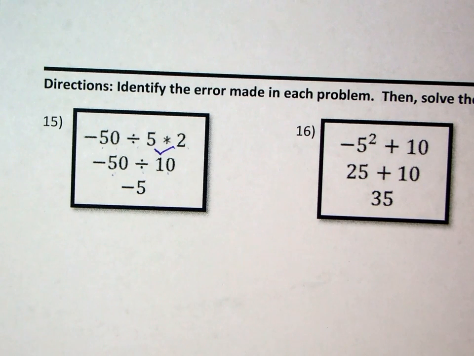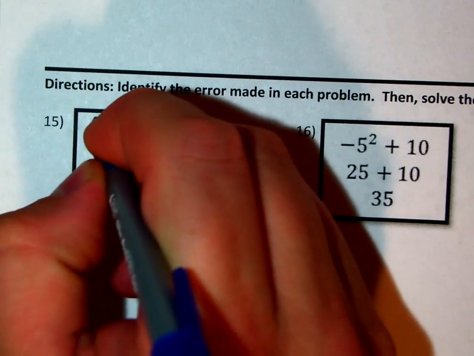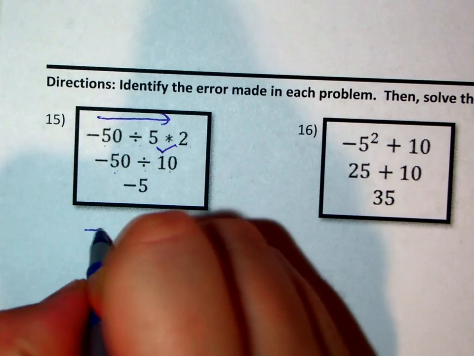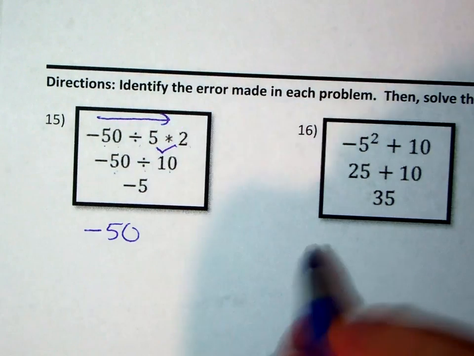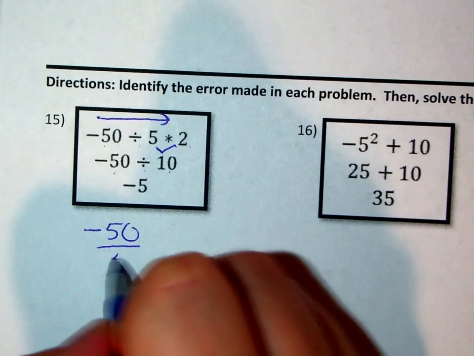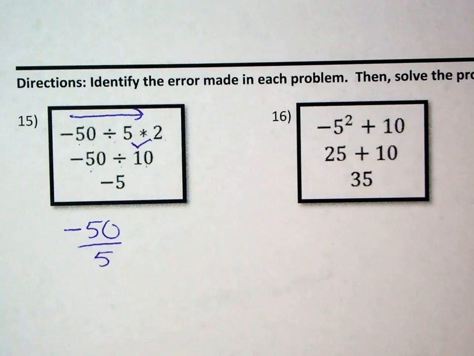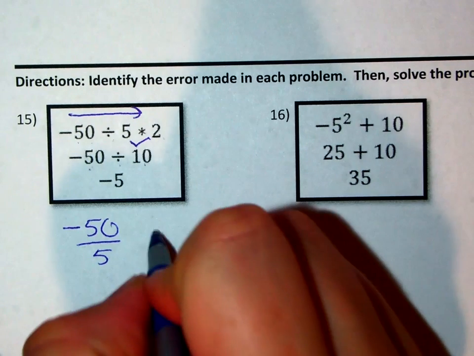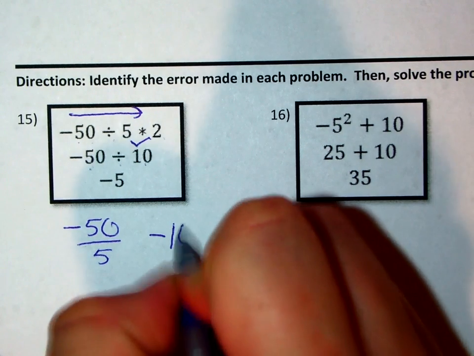Well, that's not consistent with our order of operations because our order of operations says to move from left to right. So the first step should have been negative 50 divided by 5. And 5 goes into 50 10 times, so that would have been negative 10.